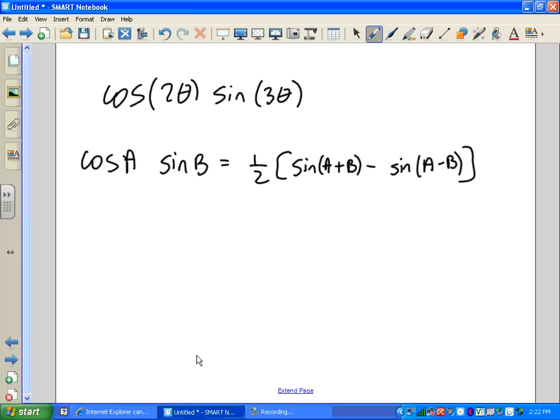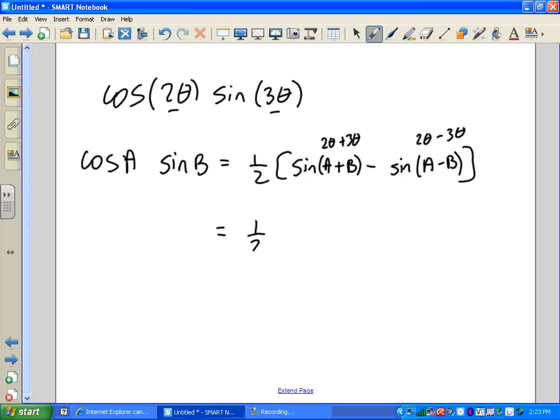So now all we have to do is fill in the A and the B here. We got A is 2 theta and B is 3 theta. So we can do sine of A plus B, so 2 theta plus 3 theta, and then the sine of A minus B, so that would be 2 theta minus 3 theta.